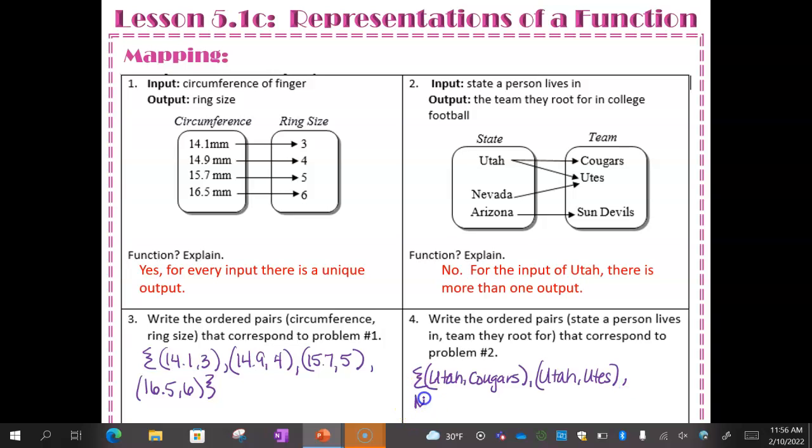Then we're going to pair Nevada with the Utes. And Arizona with the Sun Devils. Then we're going to close up those brackets. All right, that's how you make ordered pairs out of mapping diagrams.